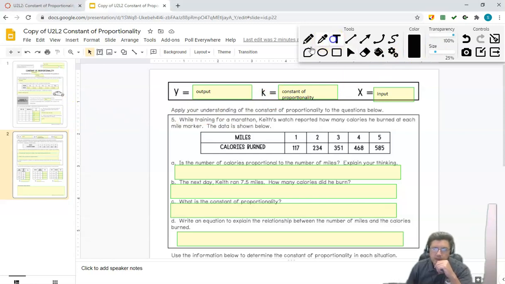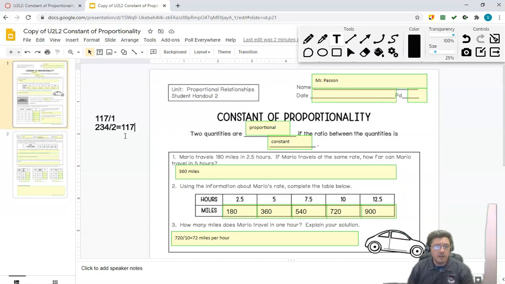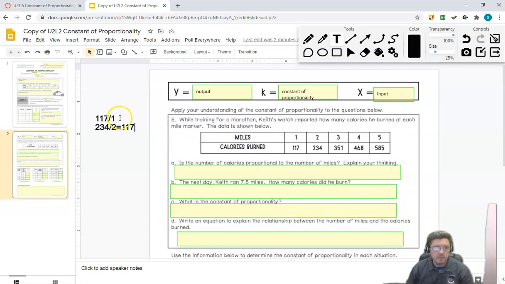Our next ratio is 234 divided by 2, and that is also equal to 117.